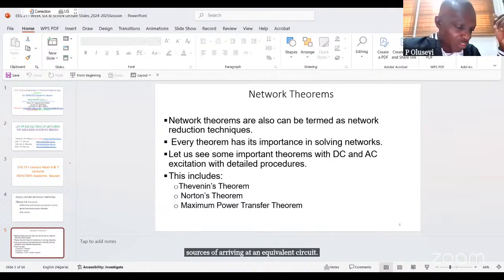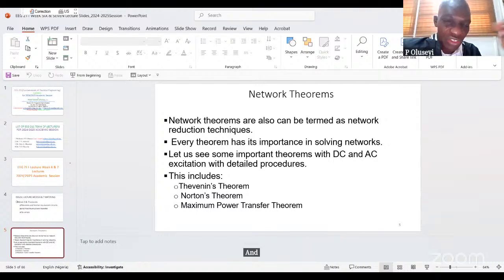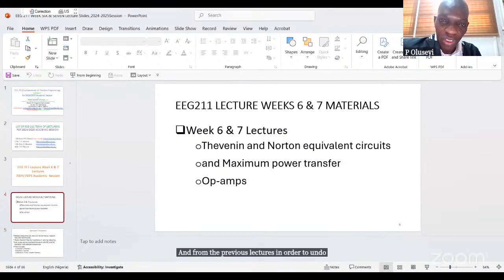Remember that the last lecture I took you through the review of the supernode and super mesh alongside with mesh and nodal analysis. You will still need a lot of the information from the previous lectures in order to handle the two topics that are put together in this place.